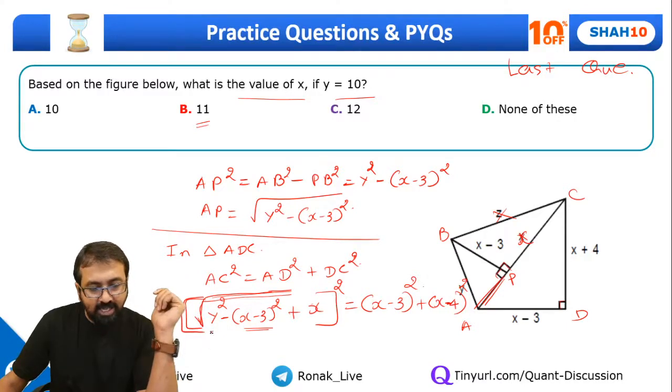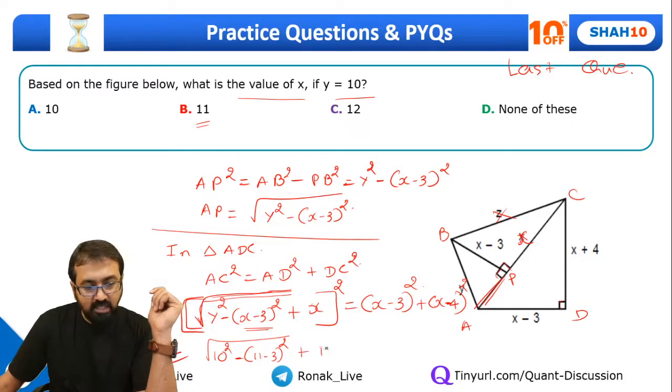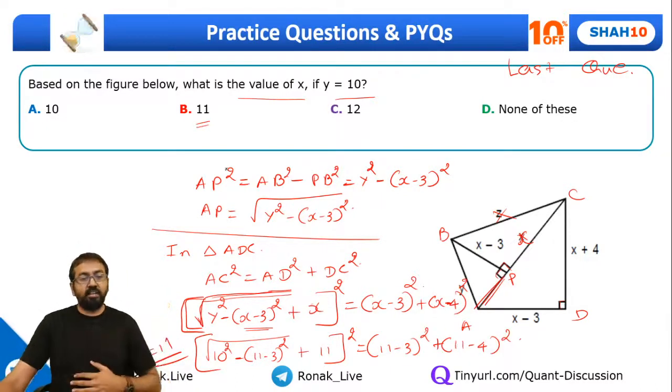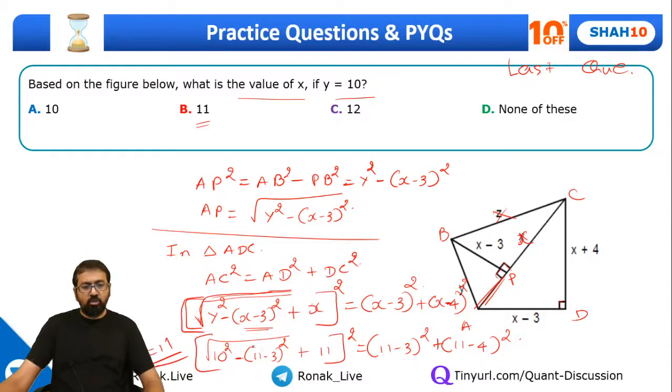So this will be like, under root of 10 square minus (11 minus 3) whole square. So if we take x equal to 11, plus 11, whole square is equal to (11 minus 3) square plus (11 minus 4) square. This is what we are getting when we take x as 11. So just check what is happening.